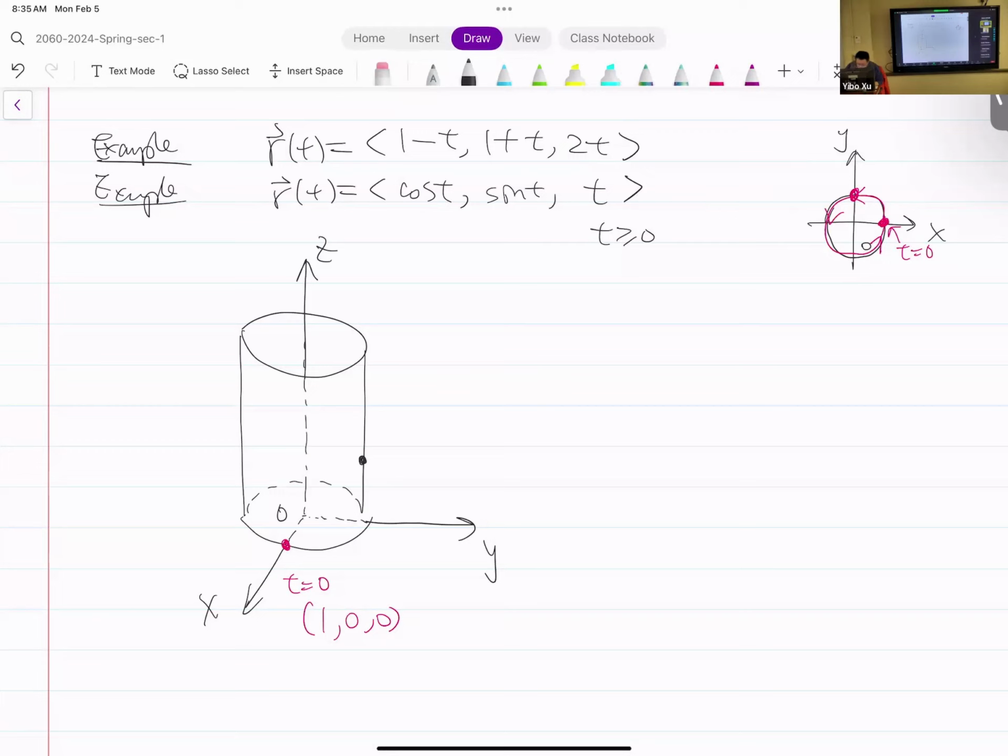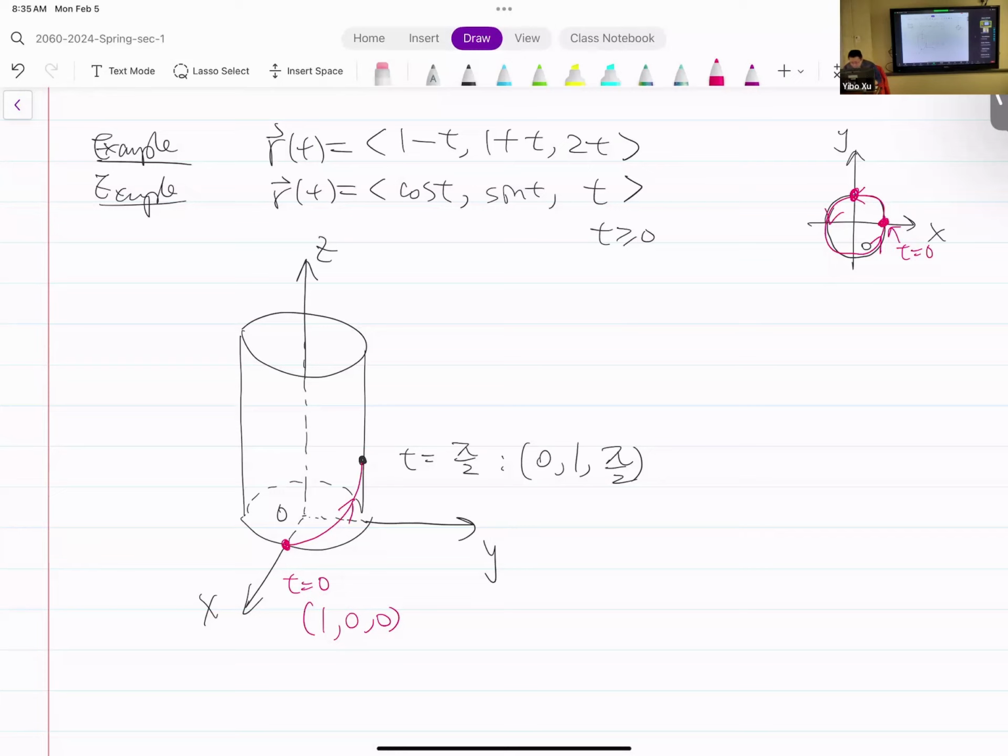Okay. So this is where t equals pi over 2. And the point is what? The point is 0, 1, pi over 2. Okay. But somehow, as a curve, we will just travel up here. And it just continues, right?